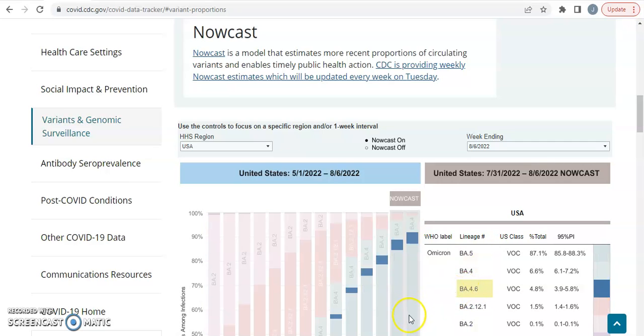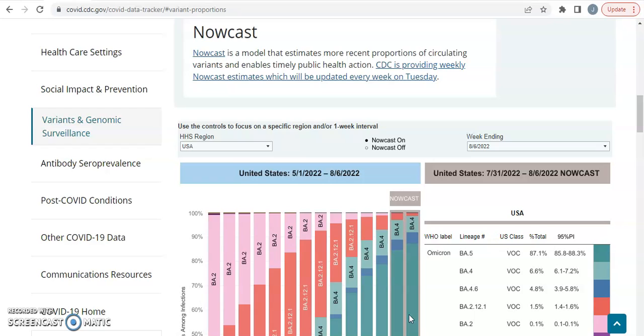And the biggest concern I have before we end this video is wave spacing is getting shorter and shorter and shorter. We had the BA.2.12.1 variant that came in real quick, just as BA.2 was starting to take off. And right as BA.2.12.1 was peaking, boom, we went right into the BA.5 wave. And unfortunately, it looks like we're about to do it again with the BA.4.6 variant.